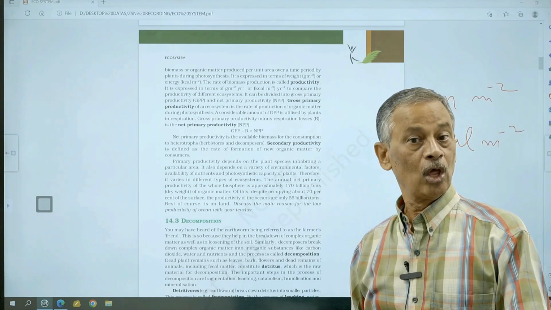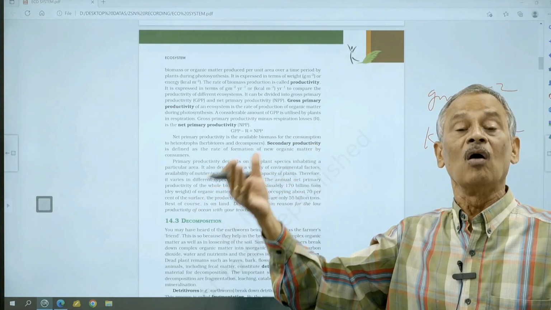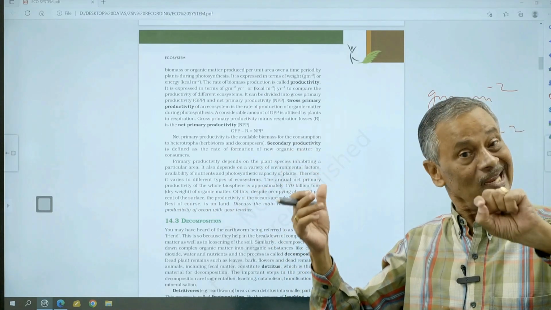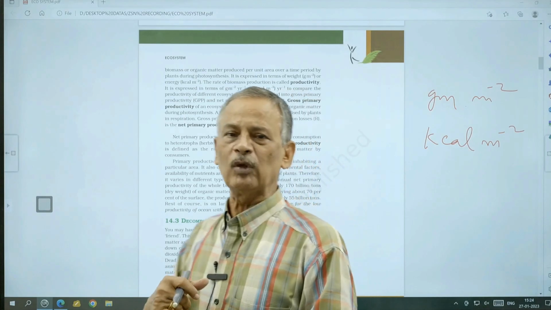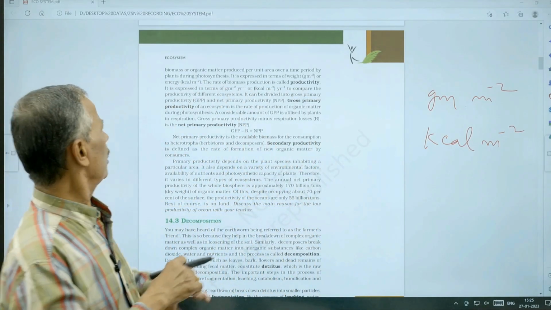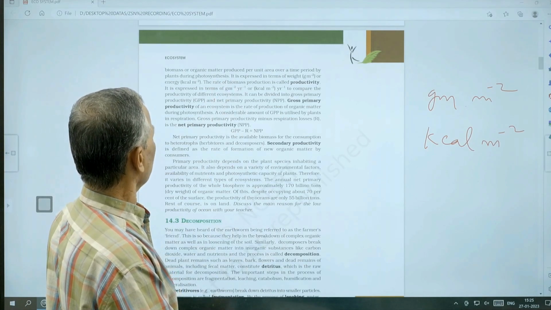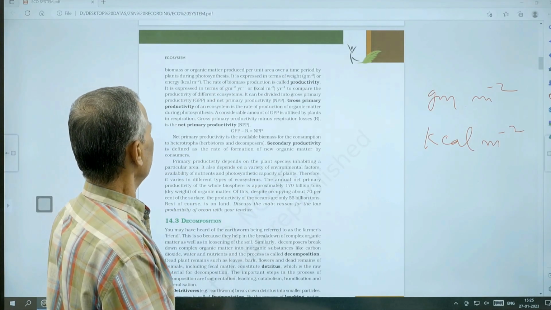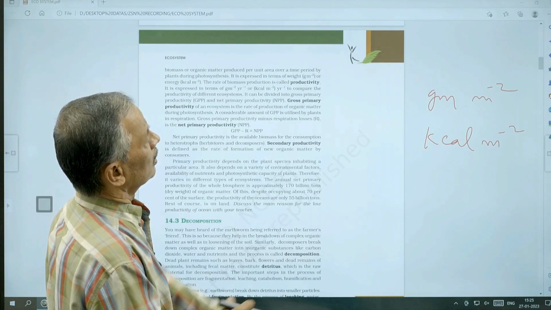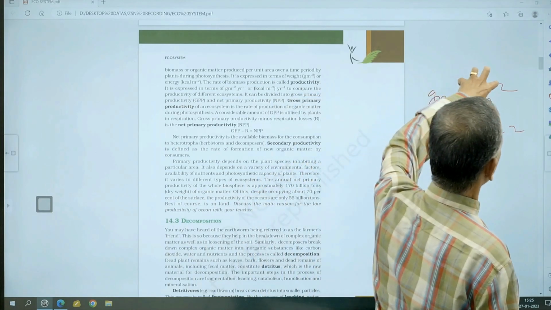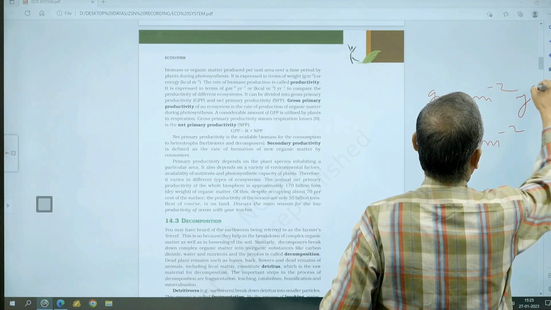Now, to compare the production of two ecosystems, we have to have the rate at which production is occurring. The rate at which production is occurring is called productivity. The rate of biomass production is called productivity. How will we mention it? This is per unit area, now per unit time.